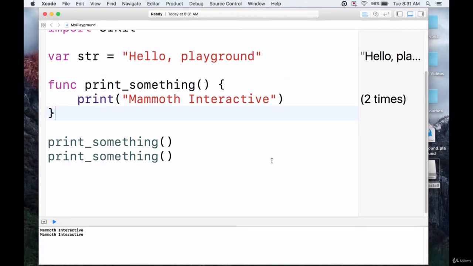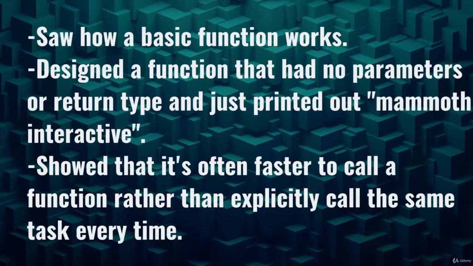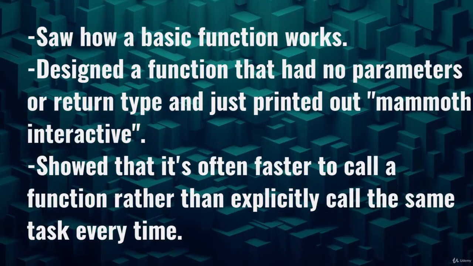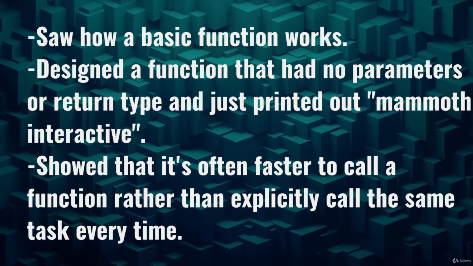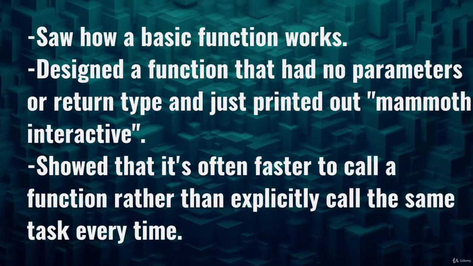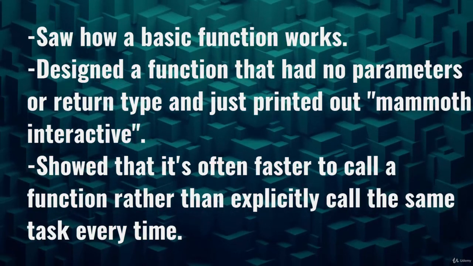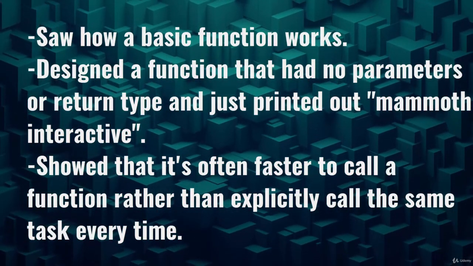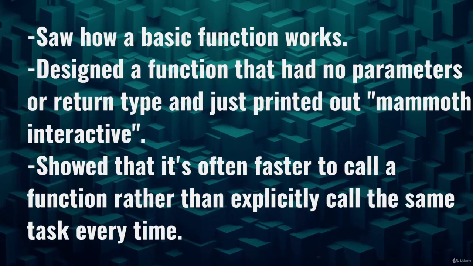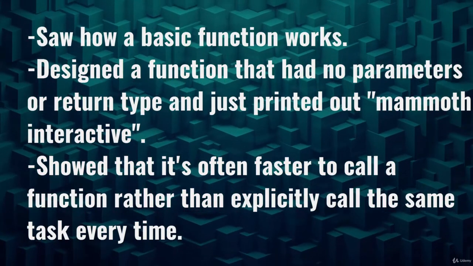Okay, so now we just saw how a basic function works. So this was a very simple function again. It had no parameters or return type. All it did was we told it that it's going to print out Mammoth Interactive. So within the function itself, it just had the call to the print function. So this is something that we could have done without designing this whole function called print something.